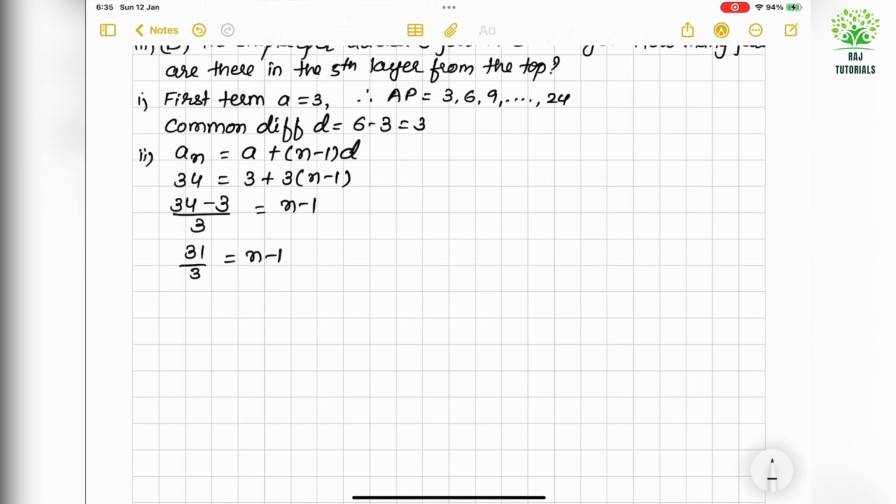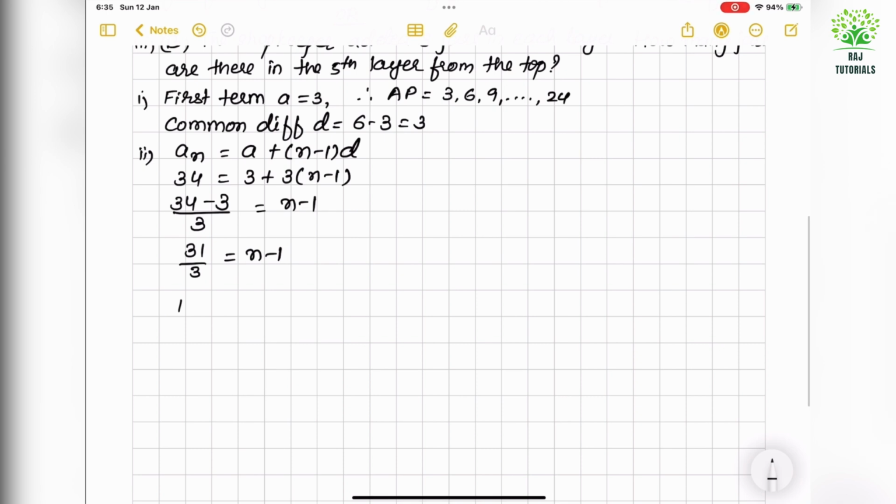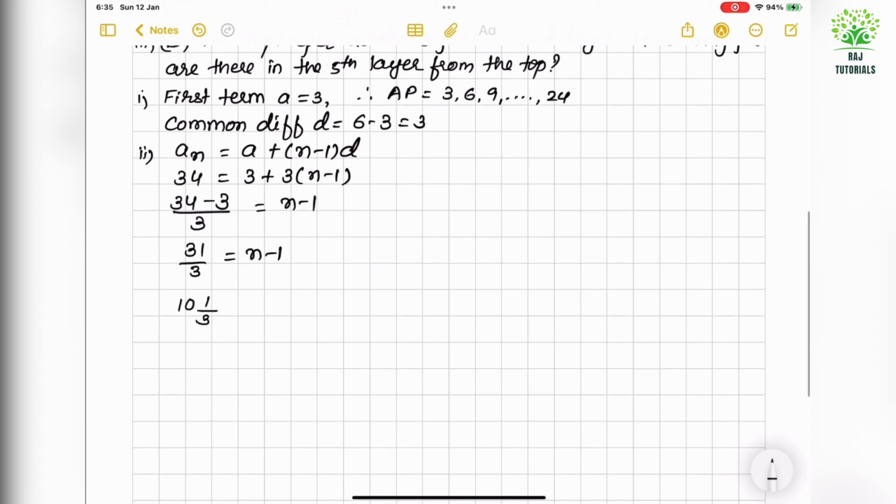So 31, if I divide it and find it out, I will get 10 and 1 by 3 equals n minus 1.